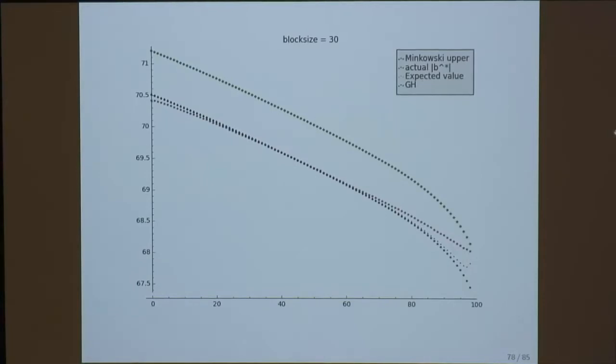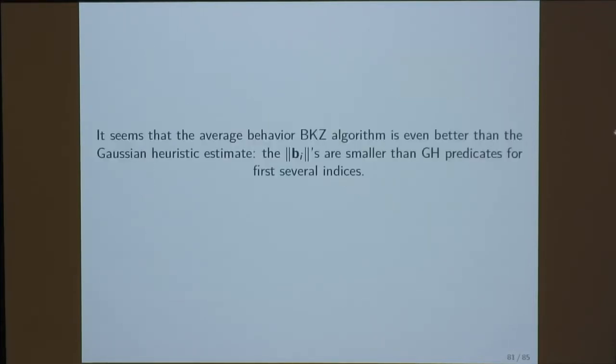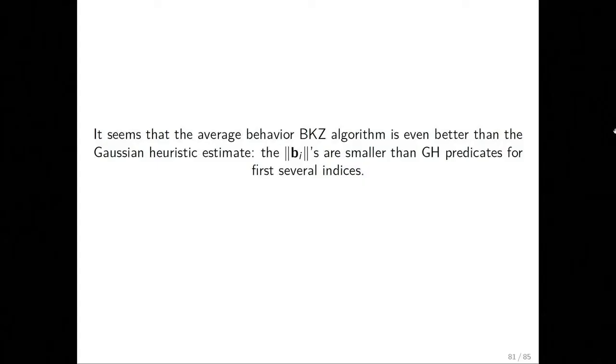However, in practice, if I increase the block size, you can see a sort of converging phenomenon. However, the actual Gram-Schmidt norms in experiments are even better than the Gaussian heuristic. So there is a concern that maybe the lattice reduction algorithm works even better than the Gaussian heuristic expects. So it seems the average behavior of the BKZ algorithm is even better than the Gaussian heuristic.